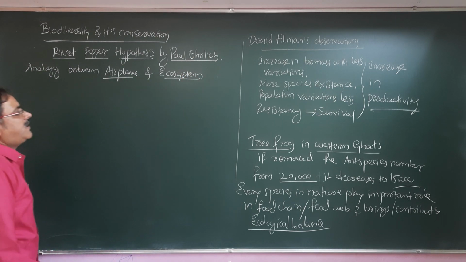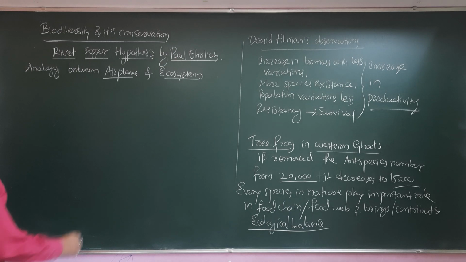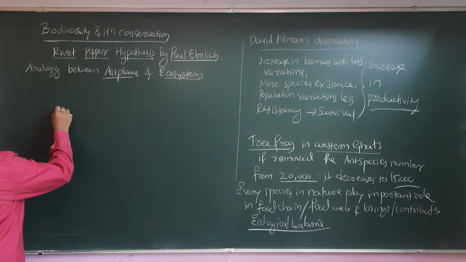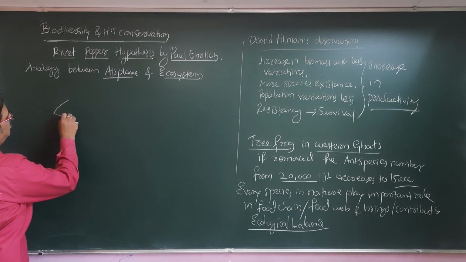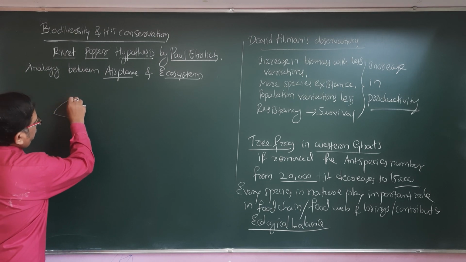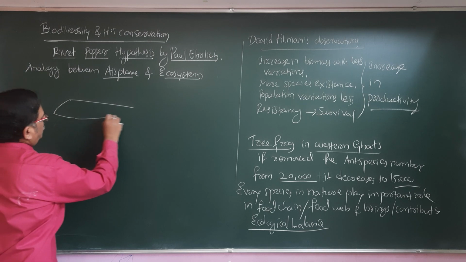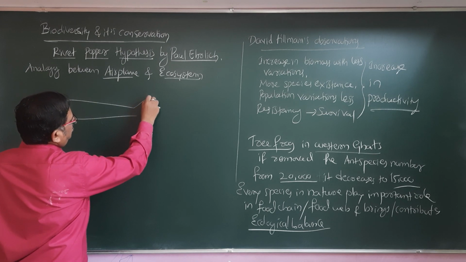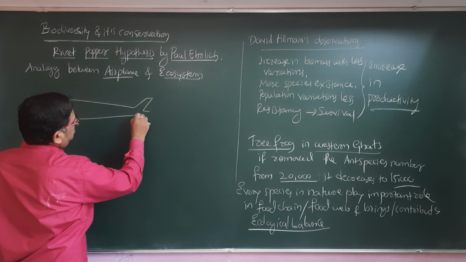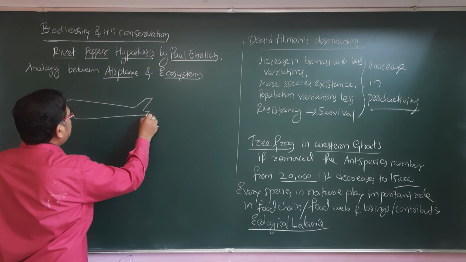If you consider the ecosystem as an aeroplane, the aeroplane is very important for humans. It takes us from one continent to another continent, and only then will we be able to keep moving.